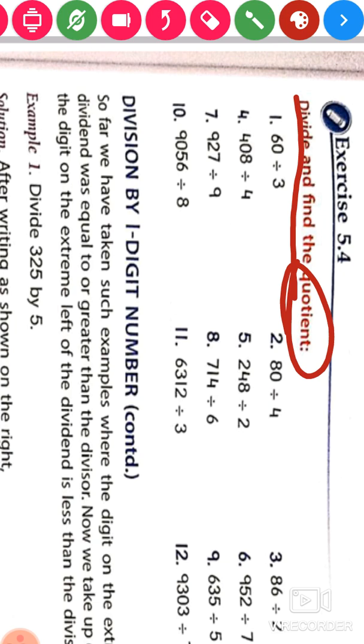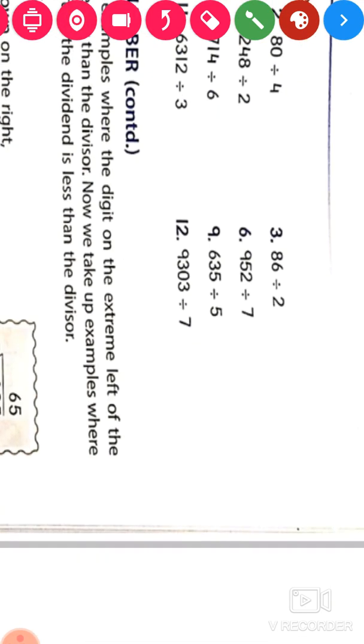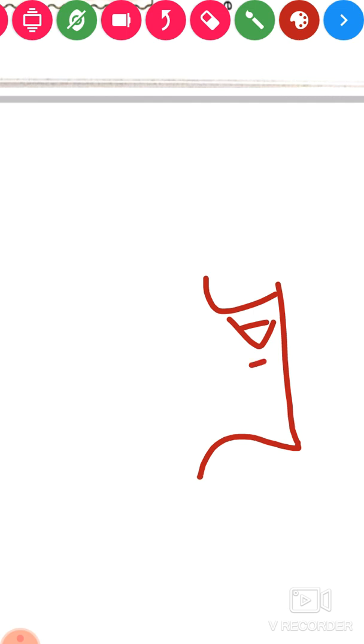Before moving ahead, once again, let us recall the various terms that are related to division. When we do division, the dividend is the number that we write here. The divisor is the number with which we divide a given number.